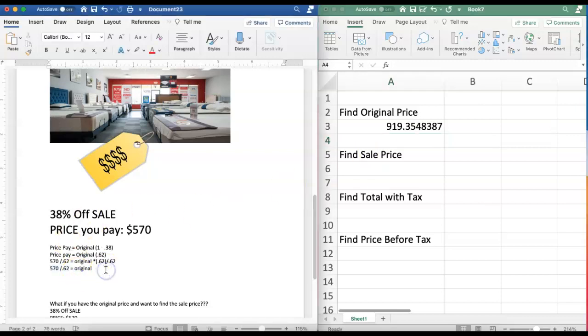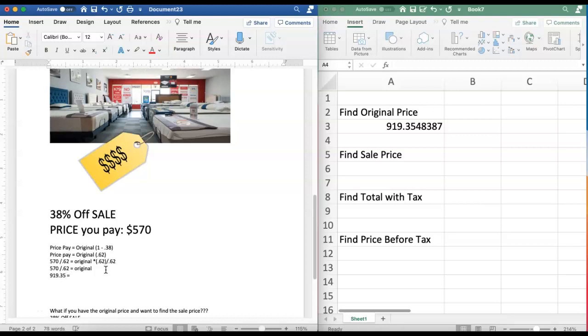Now, the next part is, does it make sense? A lot of people are trying to memorize these equations and they throw these things in and they come up with an answer and they think, okay, it's an answer, but always make sure, does it make sense? So does it make sense that the original price would be higher in this situation? Yeah, absolutely.